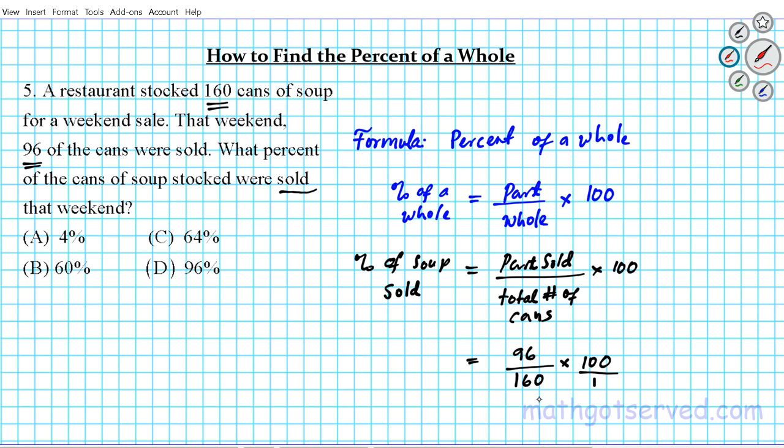Anything in the denominator that has a common factor with any of the numerator factors, you can divide out. 160 and 100, for example, both have a common factor of 10. If you divide a number by 10, one of the zeros disappears. So if we divide 160 by 10, that's 16. If we divide 100 by 10, that's 10. Isn't that convenient?